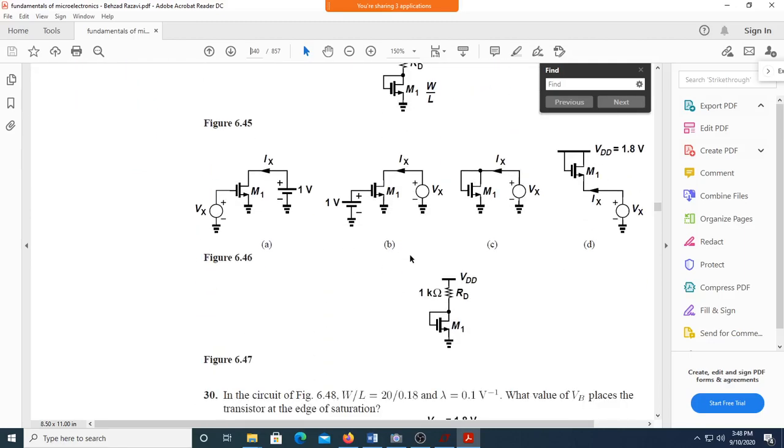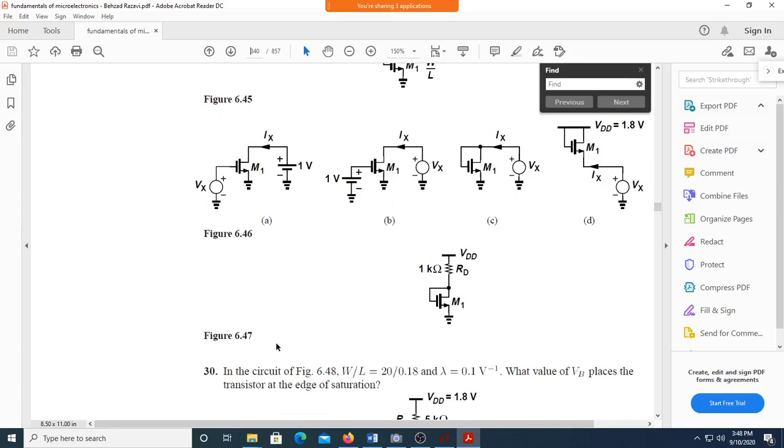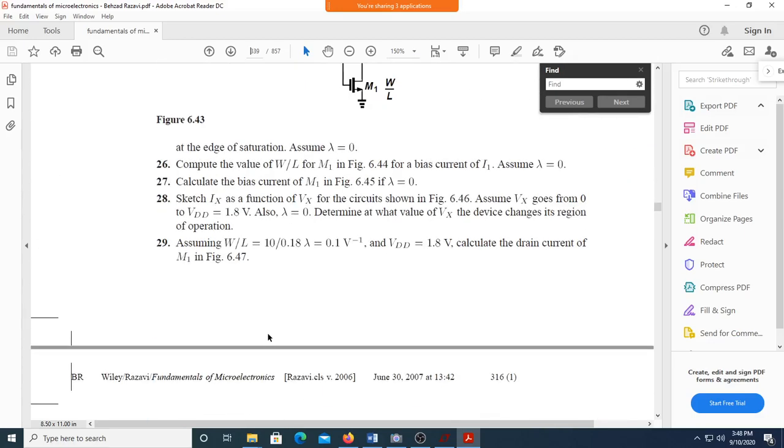Maybe why don't you take this also? Let me see what 6.47 is. You have some numericals here. Just copy this question 29, because 26 and 27 are general, without numeric values. You may find out how to do them, but 29 is a numerical problem. Here take lambda equal to 0 for the time being, because we have not discussed lambda so far.